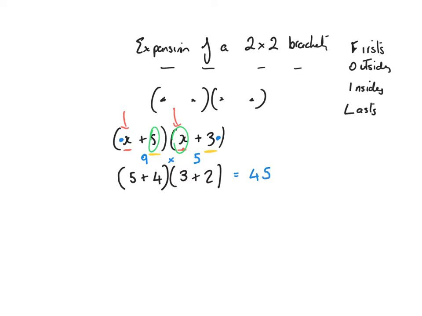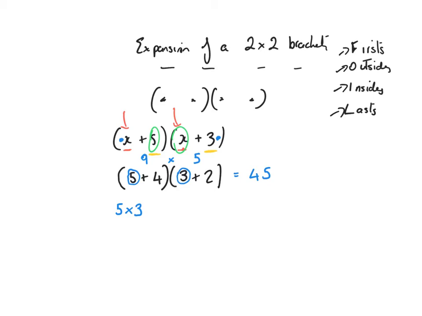Now, I'm going to show you that this method of using FOIL, first, outsides, insides, last, can also get us to 45. What we do is we multiply together the first terms, the outside terms, the inside terms, and the last terms, and then we add them together, and we should find that we get a result of 45. So let's try it. The firsts are 5 and 3, so 5 times 3.